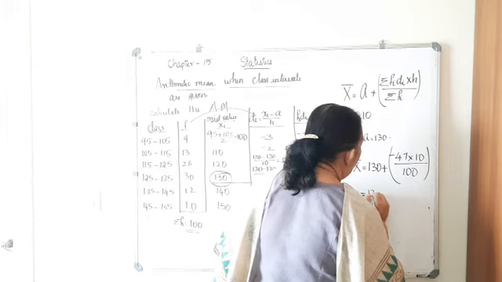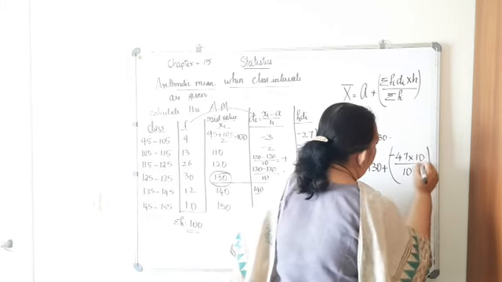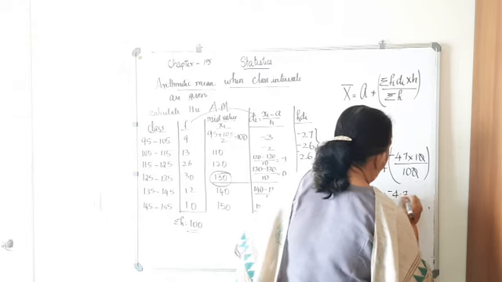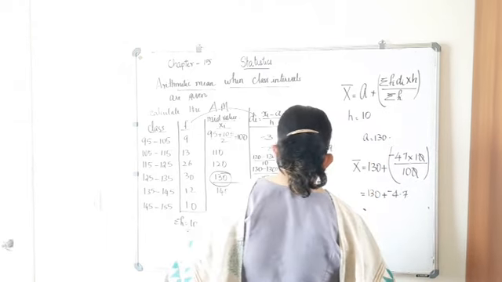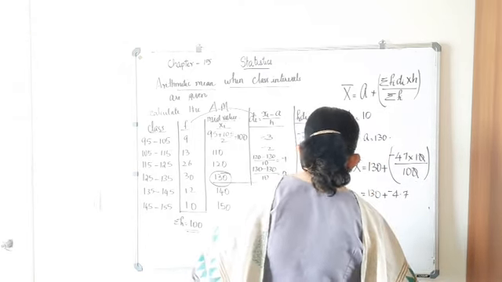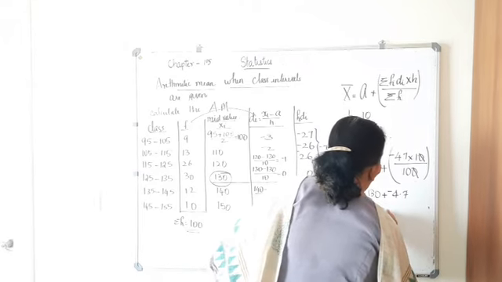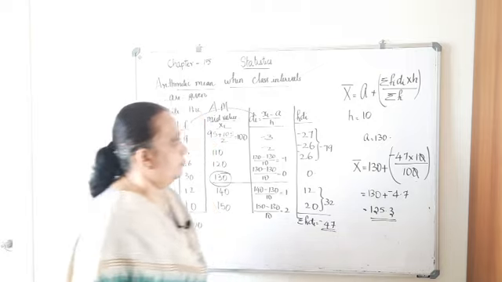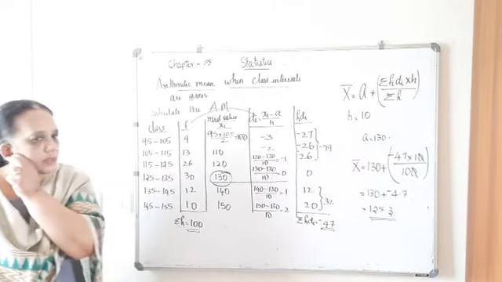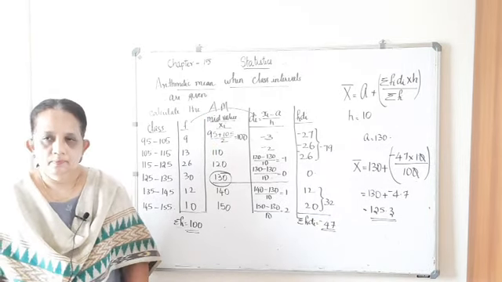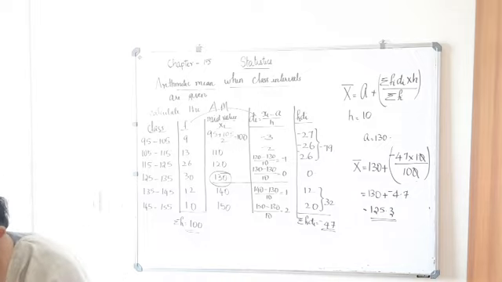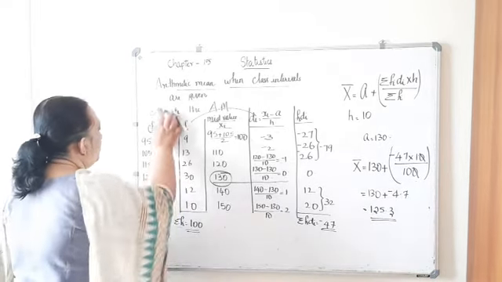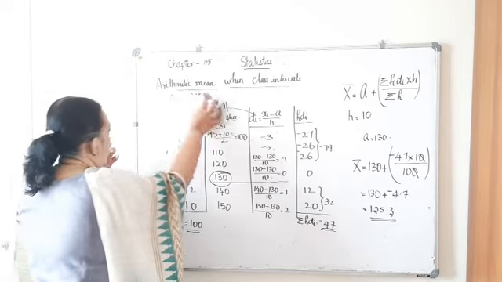That is equal to 130 plus minus 4.7, which is equal to 125.3. That's the answer. Is it clear to you? Yes. Now we will do some more questions for the grouped data and the ungrouped data.